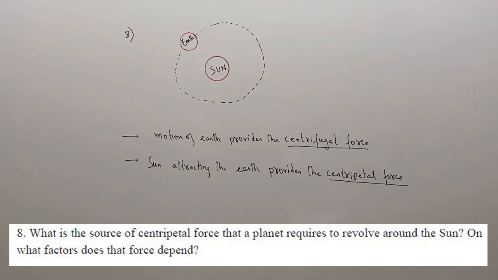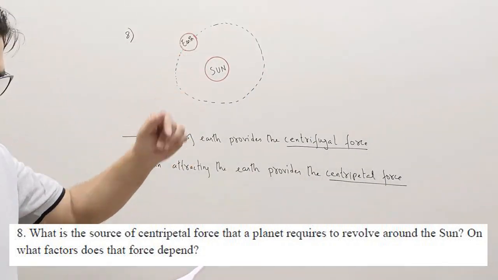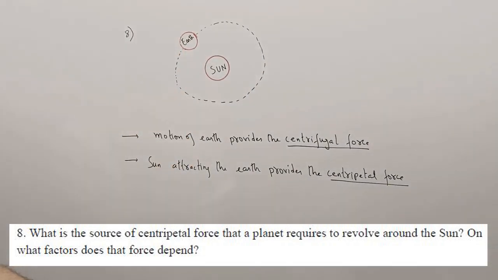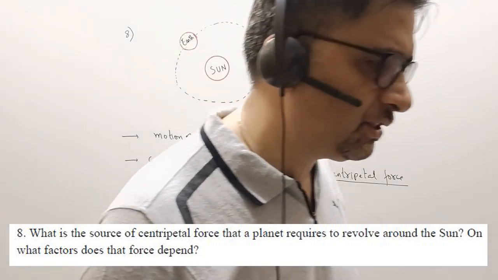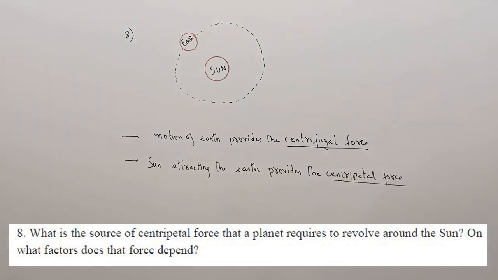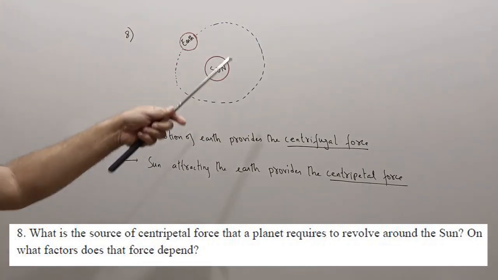Centripetal force that a planet requires to revolve around the sun. Let's look at the first part of the question first. Centripetal force. Whenever it comes to motion of this kind, rotatory motion or circular motion, we have two forces at play.